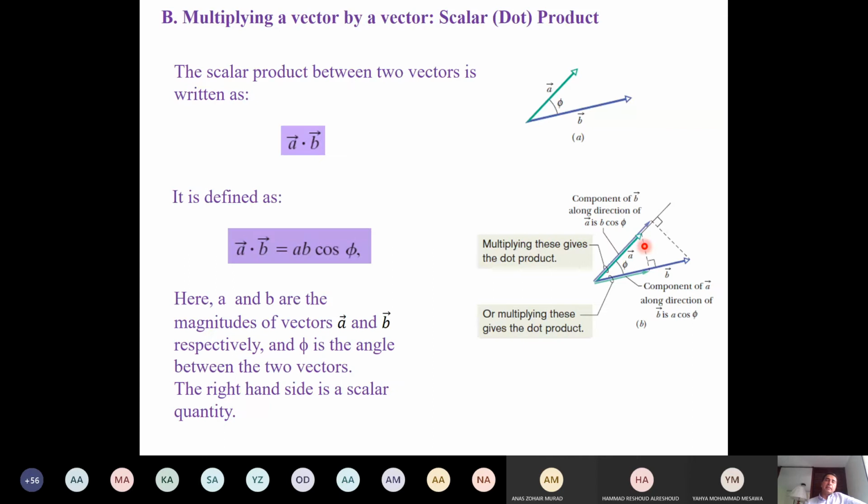And the application of this, you will see in work. Like if this was the force, okay, this was the force, and this is the displacement in which you are pushing some object, like this is a box and you're applying your force to it. And the box covered a displacement d along the direction of the force. So the quantity you get will be called the work, which will be F d cosine theta.